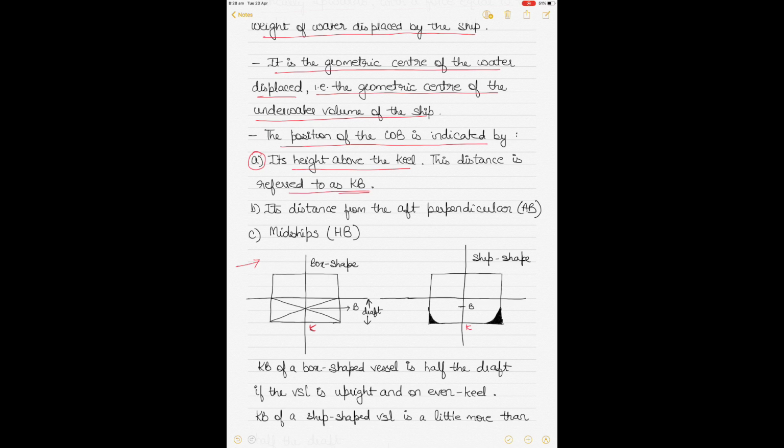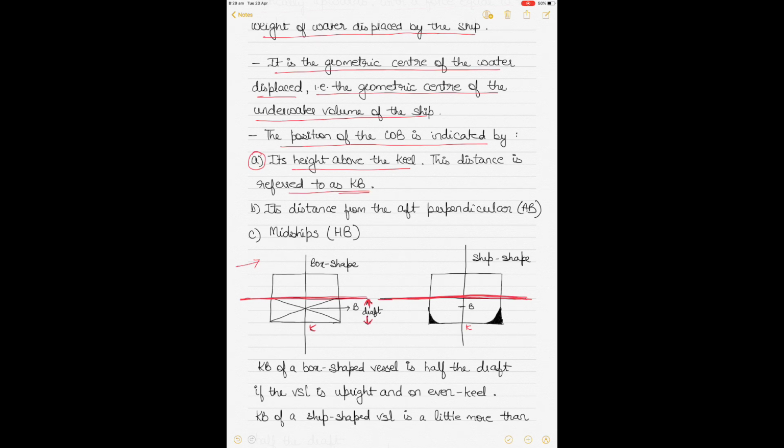And you can see B here. This line here is the water level of the ship vessel. The height from the water level to the keel of the ship becomes the draft of the ship.